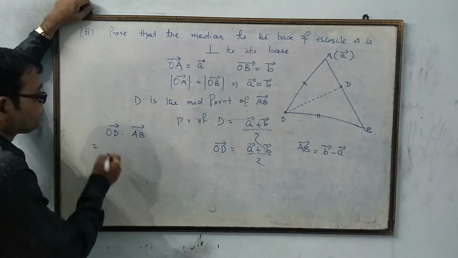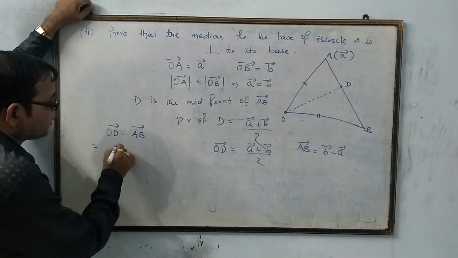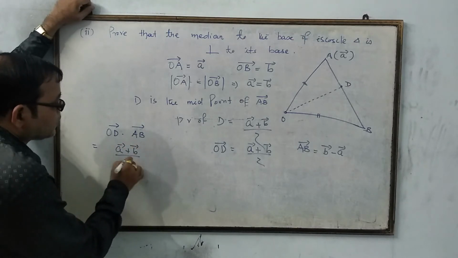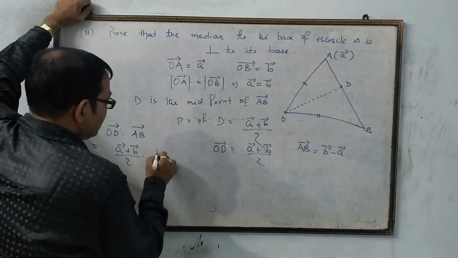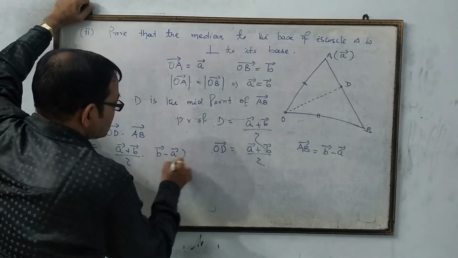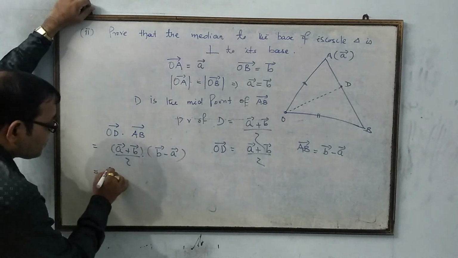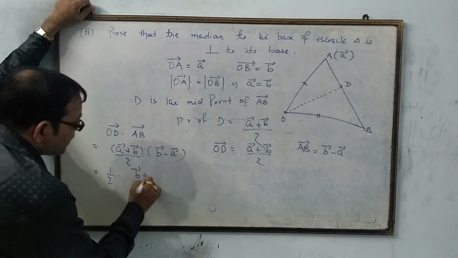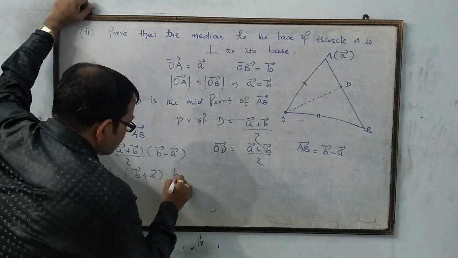So what is OD? OD is (A plus B) by 2, dot (B minus A). So the answer is half of (B plus A) dot (B minus A).